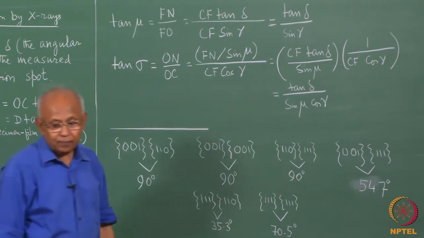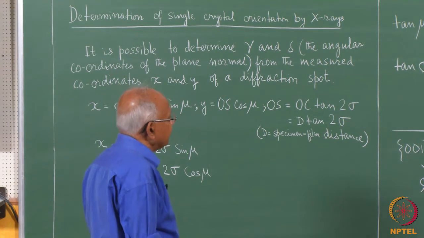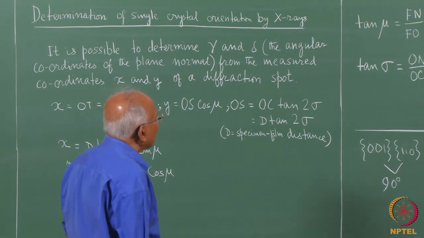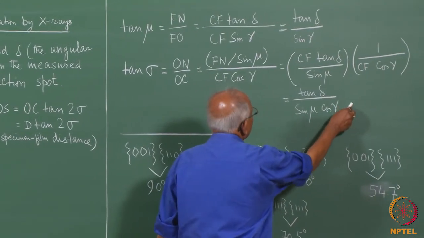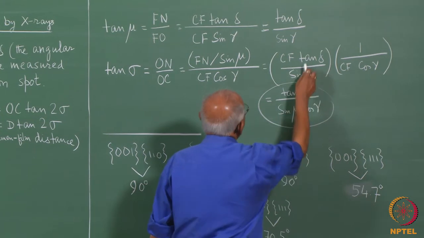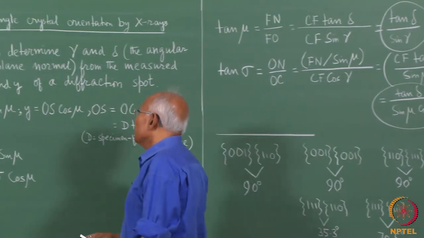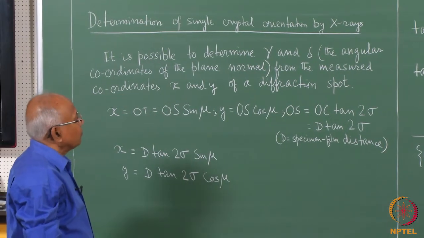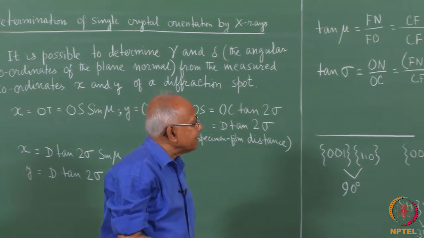So, we see that if we can measure the value of x and y and the specimen to film distance, then it is quite possible to figure out the values of gamma and delta from these relationships. So, knowing the values of x and y, it is quite possible to figure out the values of gamma and delta.